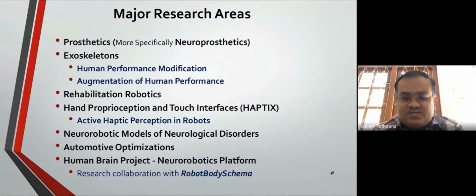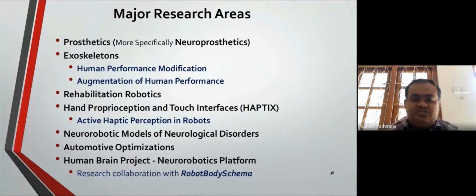And haptics, another emerging trend, is 3D touch, trying to communicate or understand the world using touch, having a 3D touch sensation given for prosthetic arms.